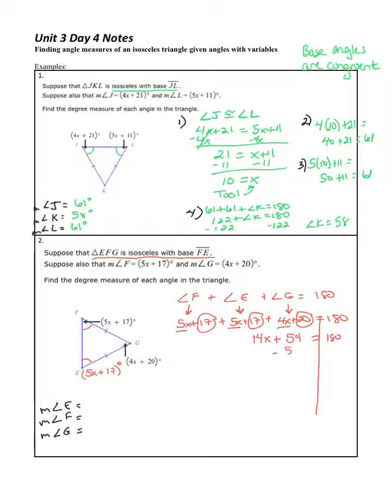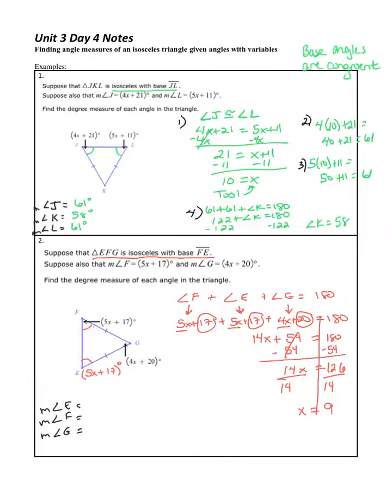Let's keep on going. Move the 54. And I have 14x equals 126. And divide both sides by 14. 9, yep, x equals 9. Okay, that's hard to do in my head.